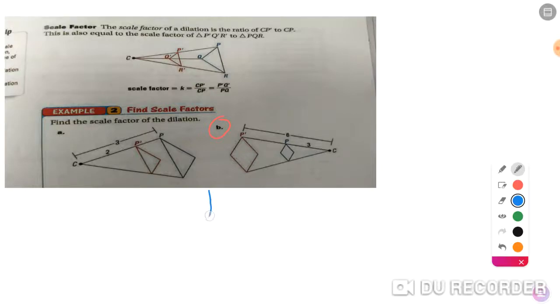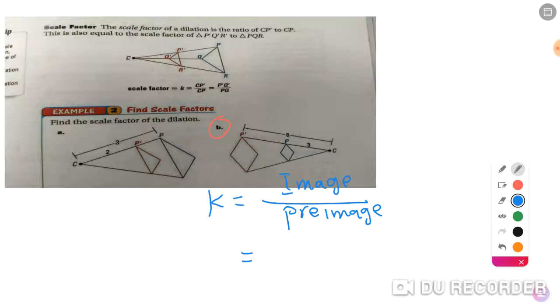The scale factor of the dilation will be image over pre-image. And the scale factor tells us how much smaller or how much greater we have the image.